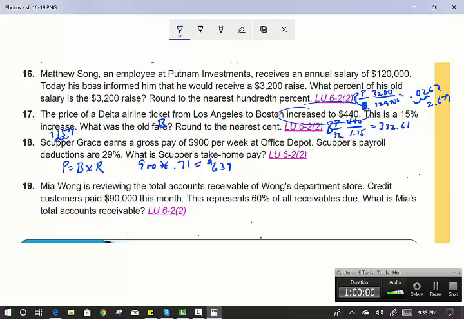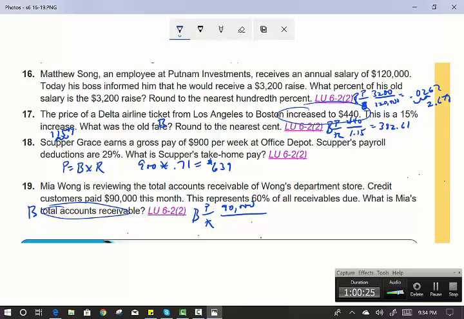So we're going to find out what the total amount is, which is a base. So her total accounts receivable is going to be the base, the total amount that she's supposed to earn. Base is equal to part divided by rate. And the part is the amount that she's received this month, which is $90,000.